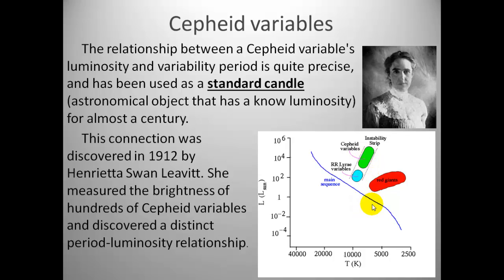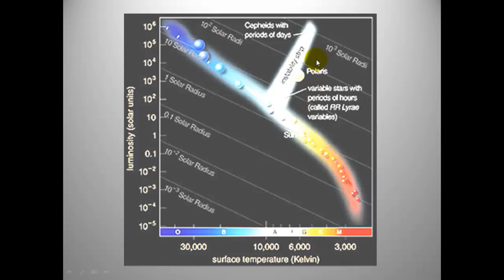So this is where the sun is roughly, and the cepheid variables are here. This is called the instability strip. These stars here are our RR Lyrae variables, and the cepheid variables have oscillating surfaces, so the brightnesses change with time, periodically.